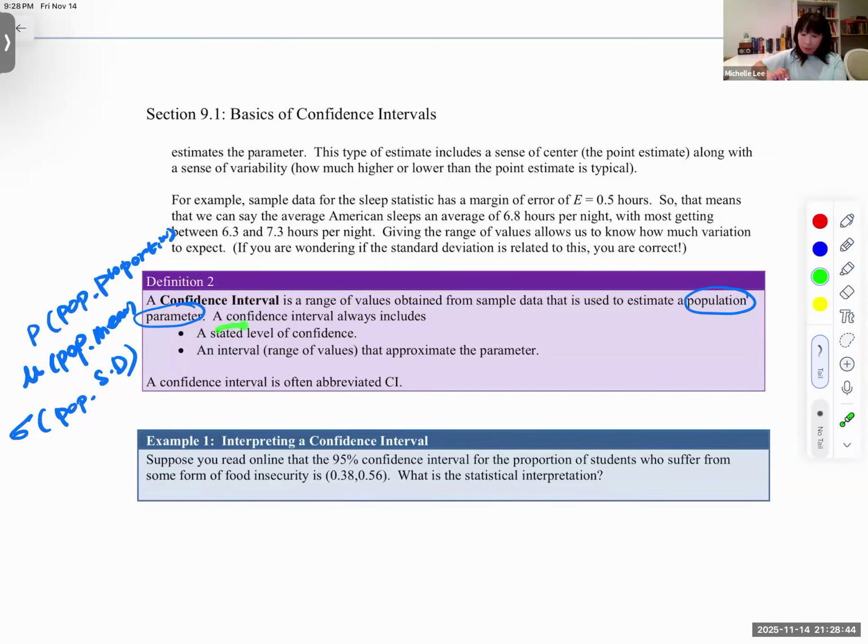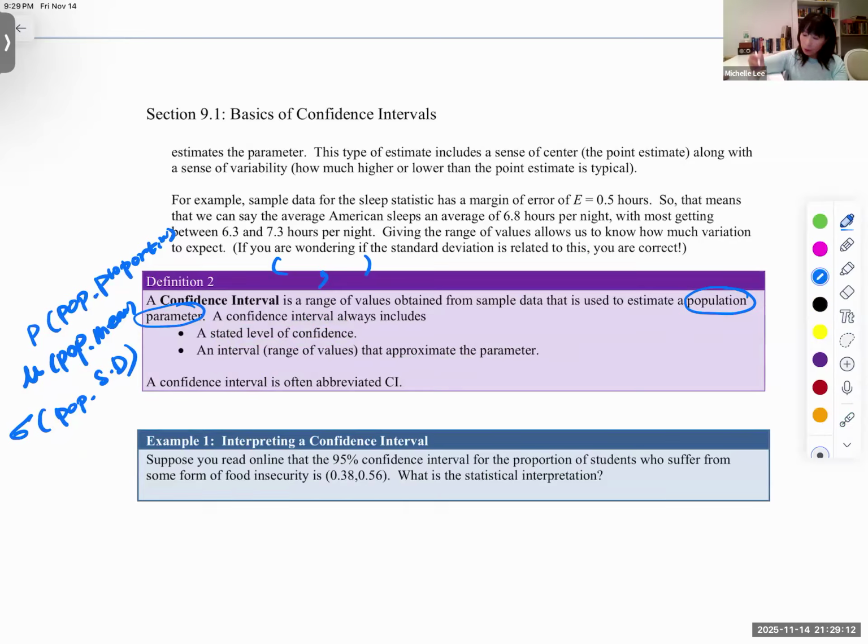So they say confidence interval, so we have interval notation, right? Confidence interval is an interval. It looks like that, two numbers right there. It's a stated level of confidence on an interval, which is a range of values that estimate the parameter.